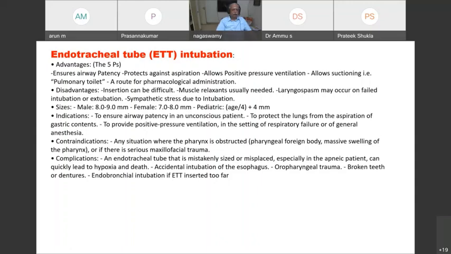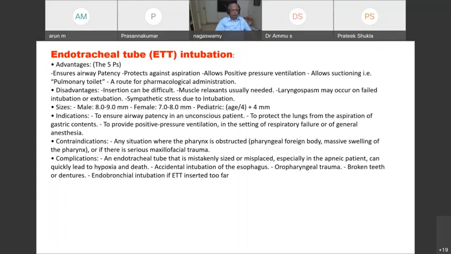Have you all seen a dark black line above the cuff end which goes into the glottis? A circular dark line will be there before the markings start in centimeters. Have you all seen that? Yes, sir. What is the marking called? It's called the vocal cord mark.